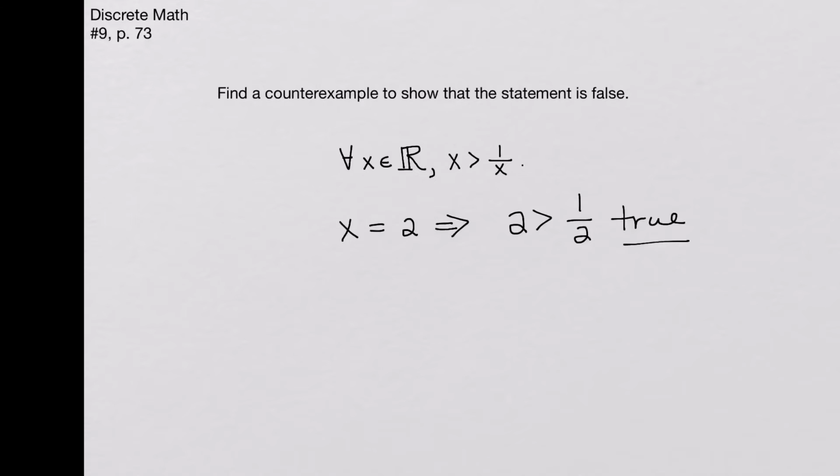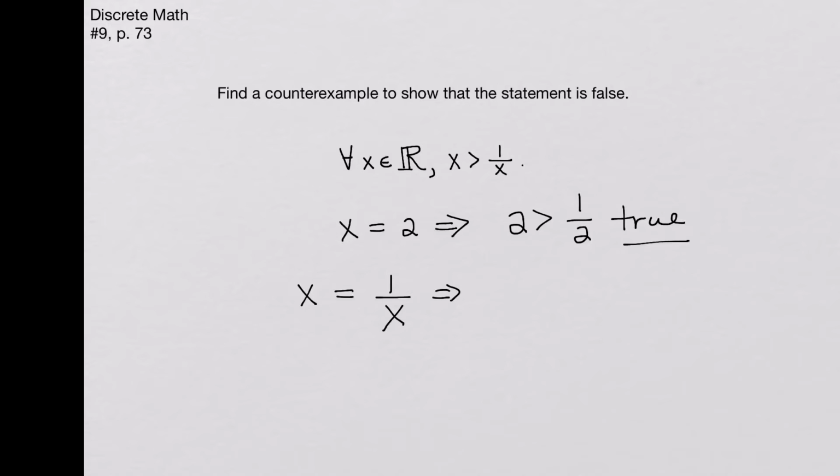One way is to think about, in what cases is 1 over x greater than the value of x itself, or even when is that equal to the value of x, because this says strictly greater than. So what if I say x equals 1 over x, and how can I solve this equation?